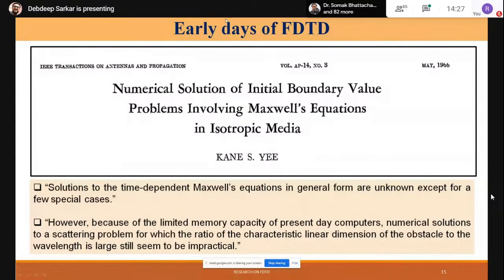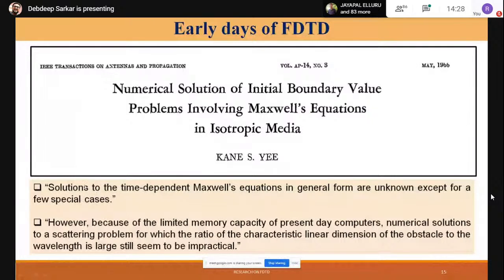If you go to IEEE Xplore, you can download this paper yourself. It was published in May 1966, and its heading is Numerical Solution of Initial Boundary Value Problems Involving Maxwell's Equations in Isotropic Media. You see that already we are in a safe zone, working with isotropic media. And initial boundary value problems are important portions of the title itself.